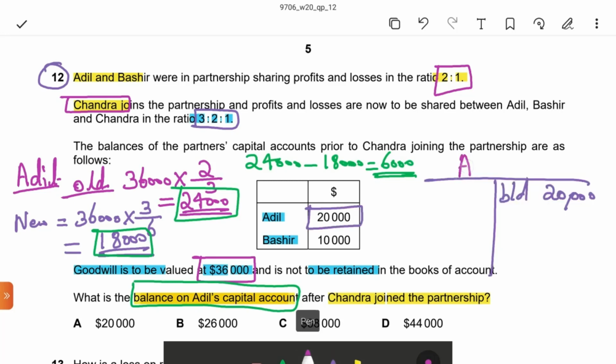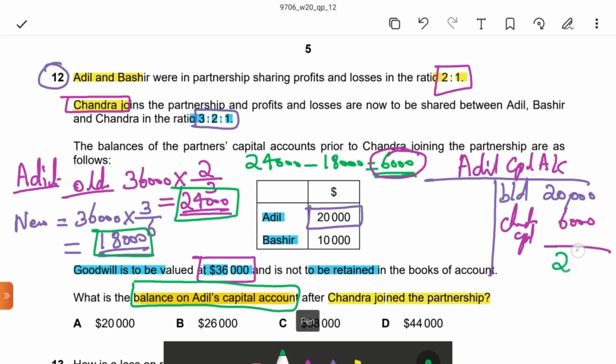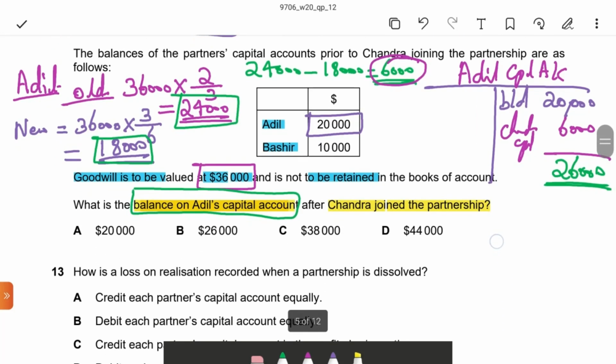This is Adil's capital account. The sacrificing portion will be credited. How much is sacrificing? 6,000. So who has to give? Chandra's capital account will be debited. Adil will get 6,000. So what is the total amount? 26,000. So the correct answer is B.